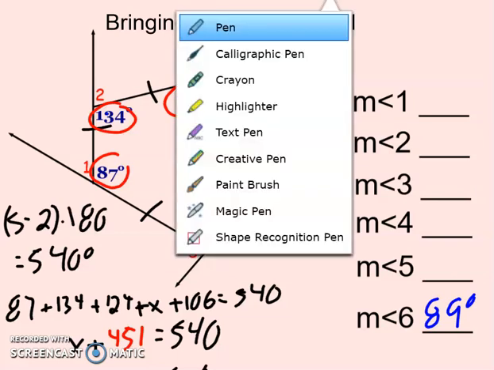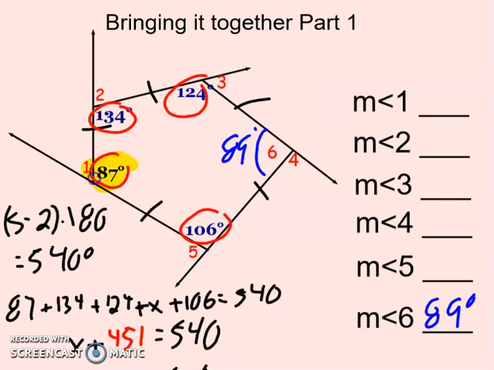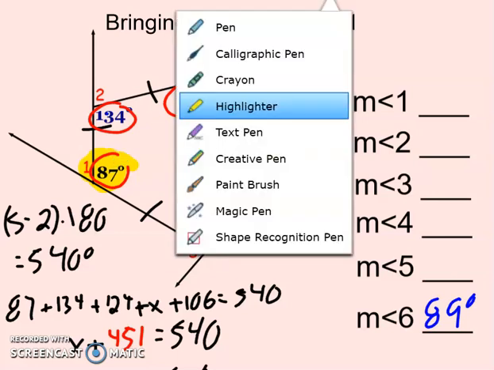So if I want to look at this section right here, I have 1 and 87. Well, they form a straight line. So the measure of angle 1 plus 87 should be 180 degrees because they form a linear pair. So all we do is 180 minus 87, and we get 93.